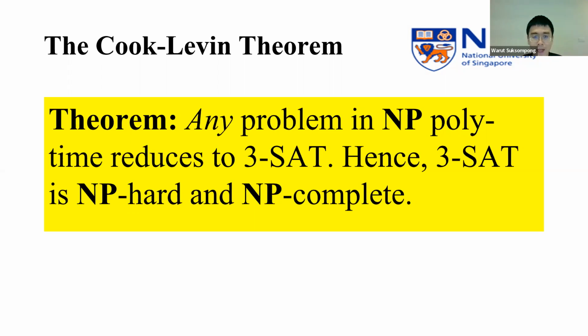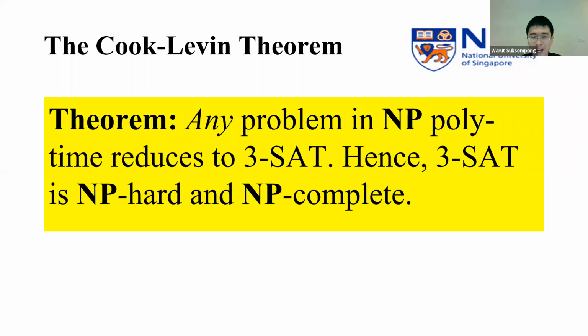Once you have a certificate, you can check whether the formula is satisfied by it or not. So that means 3-SAT is also NP complete. This is the importance of 3-SAT.